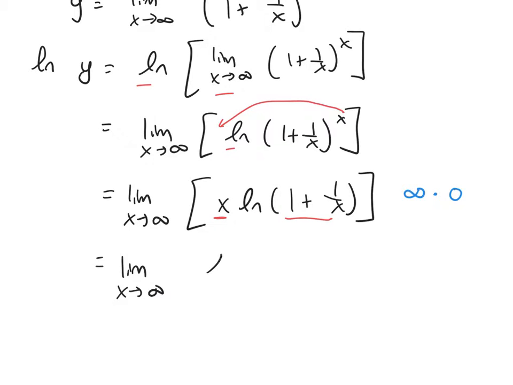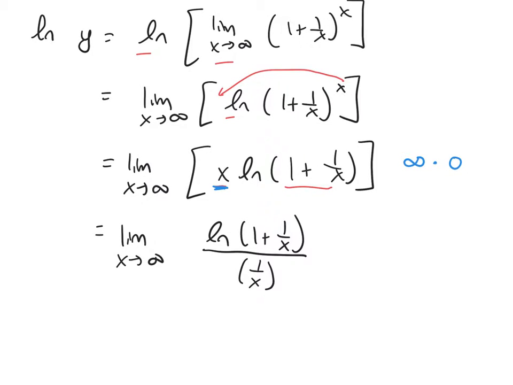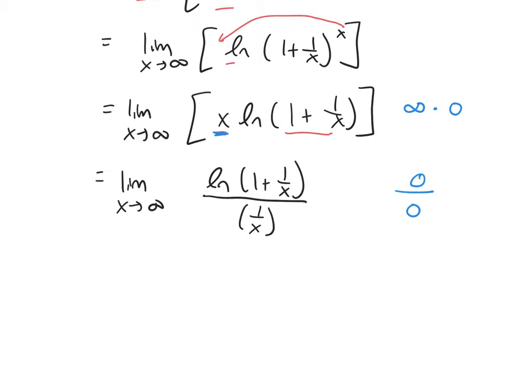So the only thing for me to do is put this x in the denominator as a 1 over x. And now this is still 0, and this is now 0 too. So I have 0 over 0, which means I can use L'Hopital's rule now.